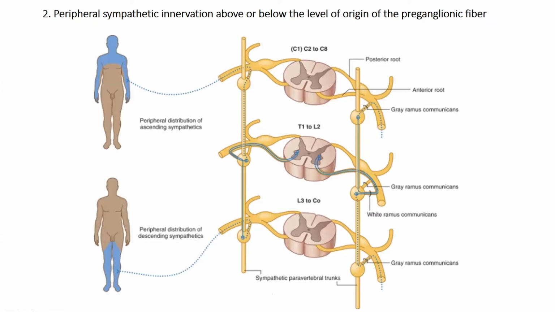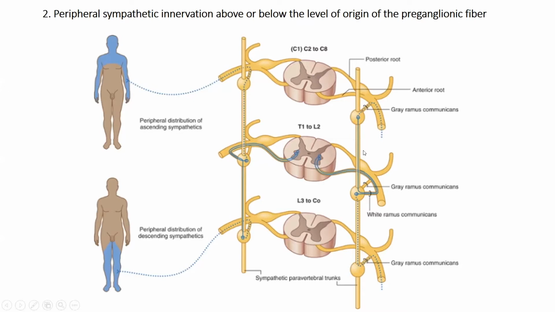It has two possibilities. Either it goes up through the sympathetic trunk, or it goes down through the sympathetic trunk. It doesn't synapse immediately, or it can synapse, but the postganglionic fiber goes above or below.